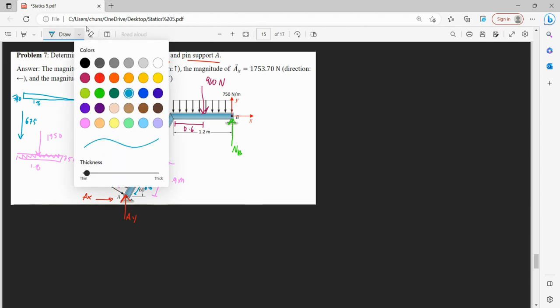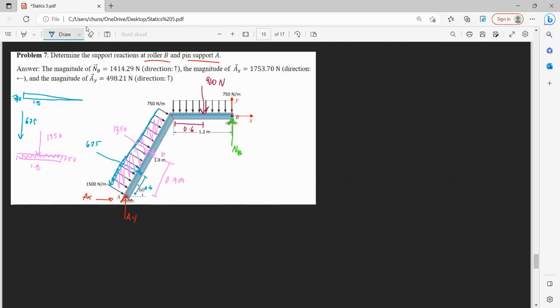So, a little geometry. Let's work through it. So on our beam, we have 675. This is 60 degrees.